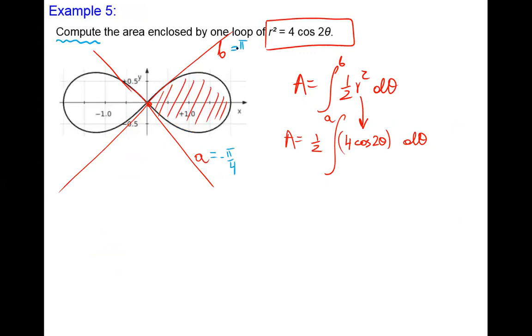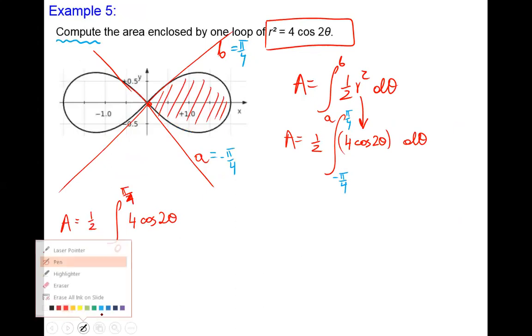It's just 45, negative and positive. We're going to use the symmetry. 1/2 times 4 cosine of 2 theta, from 0 to pi over 4.